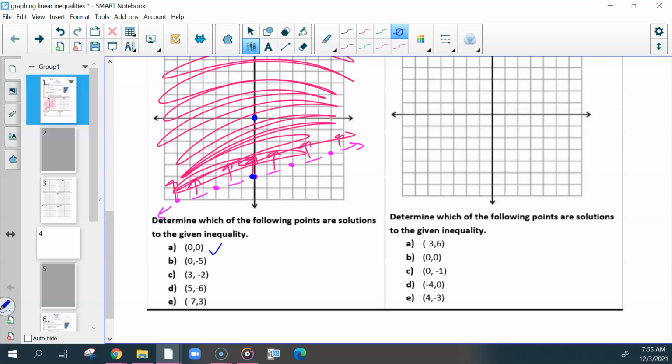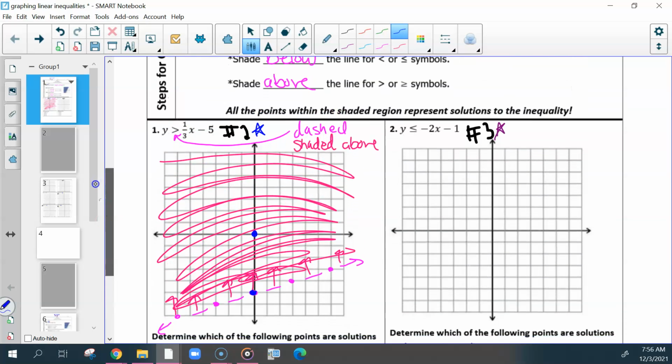0, -5 happens to fall on this line. Things that fall on the line when the line is dashed would not be solutions, but to check that, you could put this point into the equation. y is greater than 1/3 x minus 5.